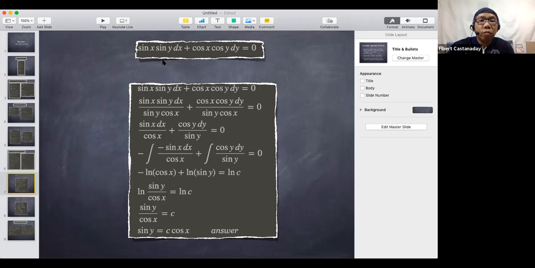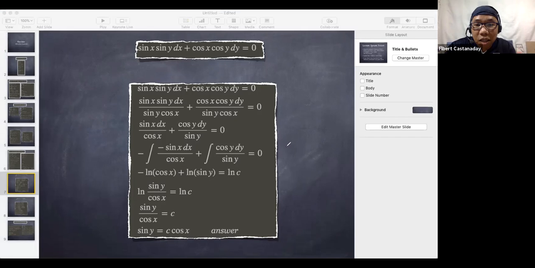Just a review of trigonometric functions. The reciprocal of cosine of x, do you know? So cosine of x is equal to 1 over secant of x.